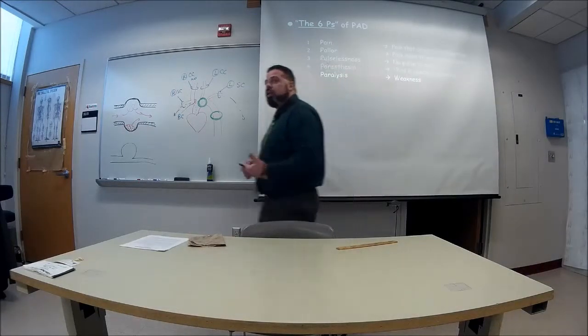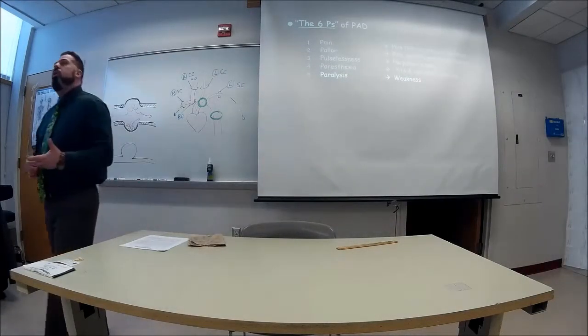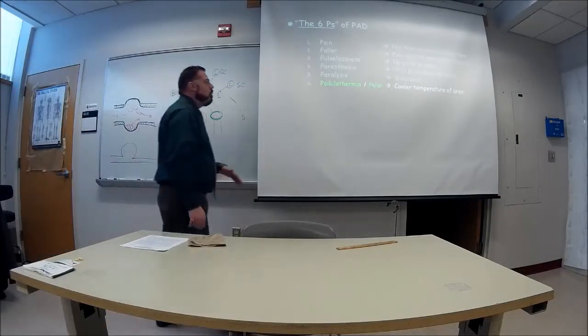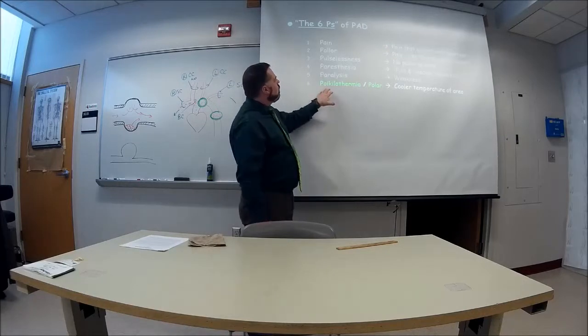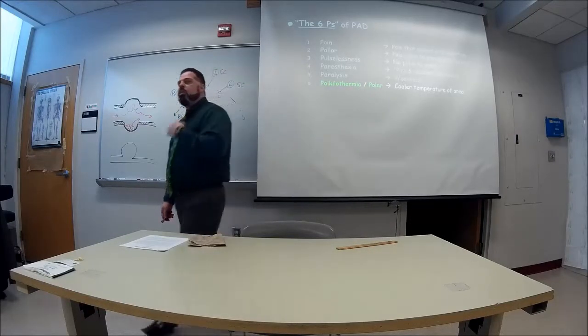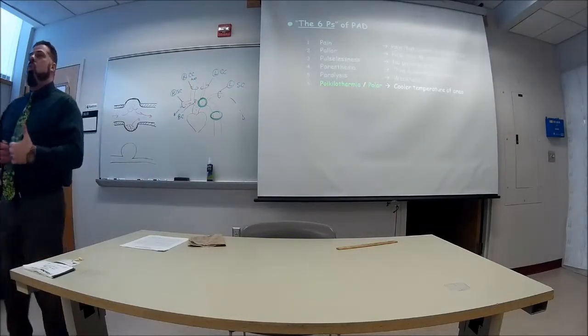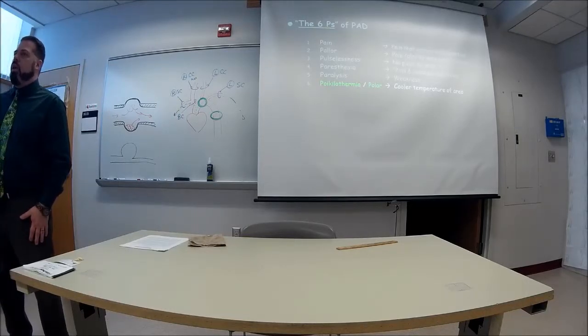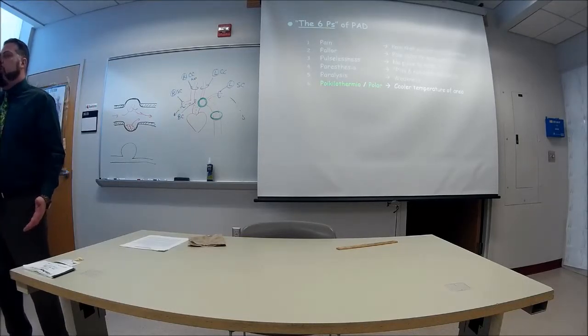So that's why you get that. Paralysis, you get weakness, again, less blood flow going to those muscles. Okay, and you also get poikilothermia, which I can't even pronounce. We used to say polar. But this is just a cooler area. Less warm blood going to your legs means that the skin of those areas are going to be cooler than the other leg.